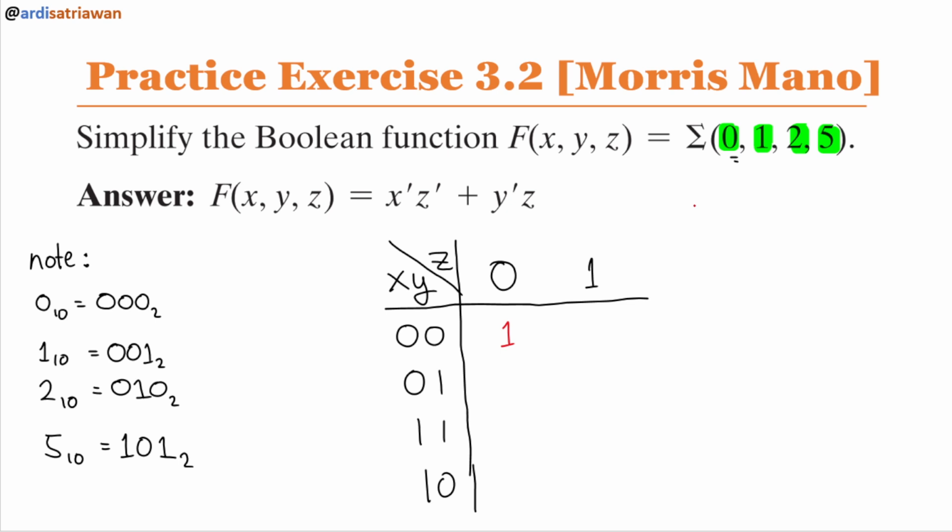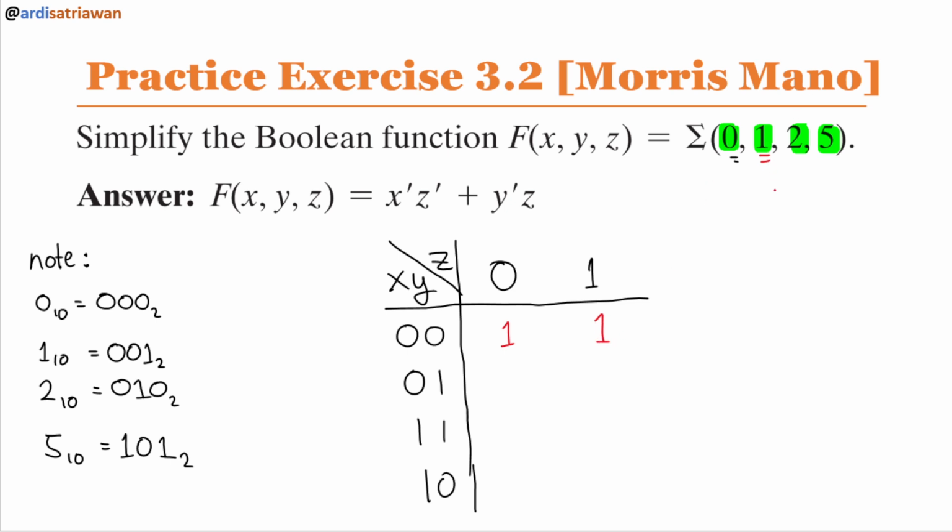The same can be said for 1 here. The binary for 1 is 001. So we read it from the left to the top. So we'll have 0, 0, and 1. So 1 is here, so we put it here for this one.